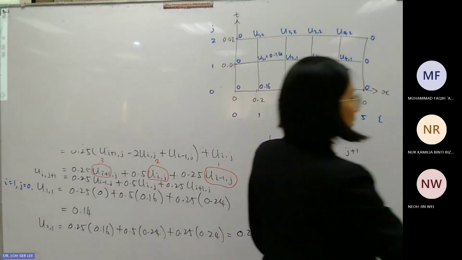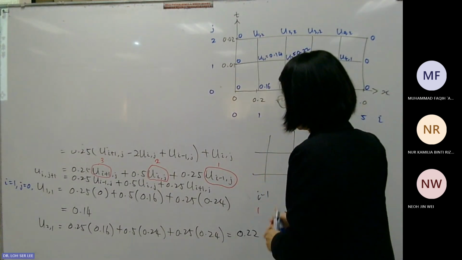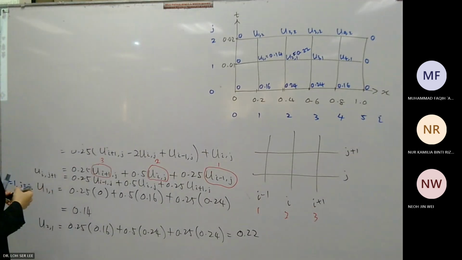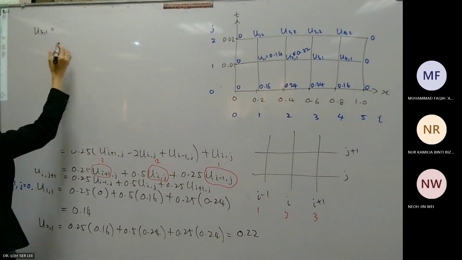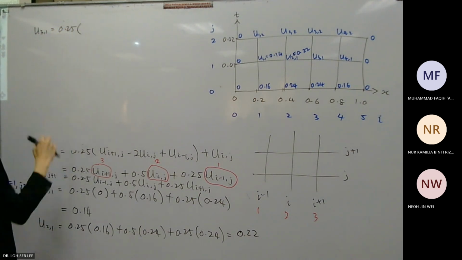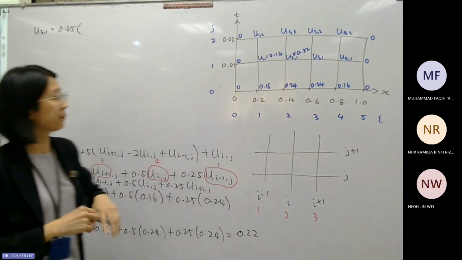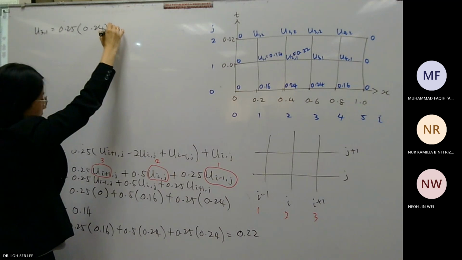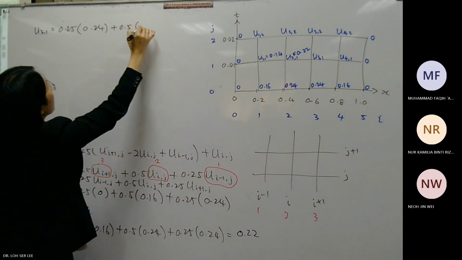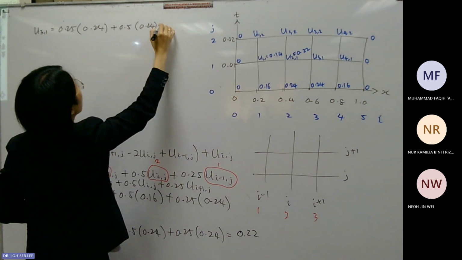So you just fill out, then find for the next. U31, U41. So for U31, you use these 3 points, 1, 2, 3. Okay.